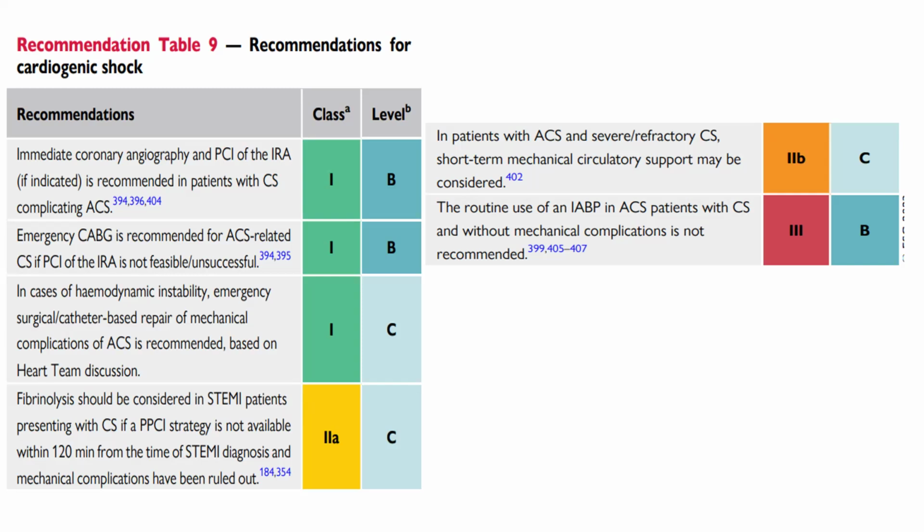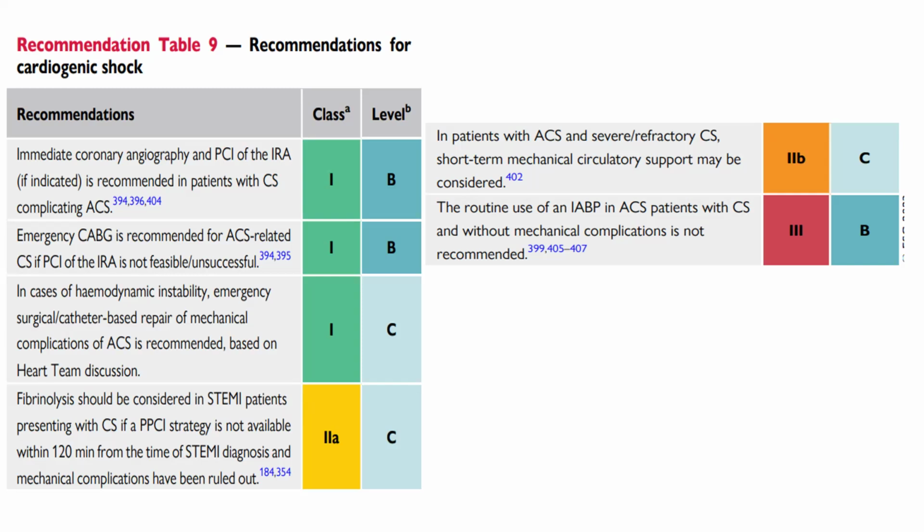Fibrinolysis should be considered in STEMI patients presenting with cardiogenic shock if a primary PCI strategy is not available within 120 minutes from the STEMI and mechanical complications have been ruled out. I think this has already been made clear. In patients with ACS and severe or refractory cardiogenic shock, short-term mechanical circulatory support may be considered.